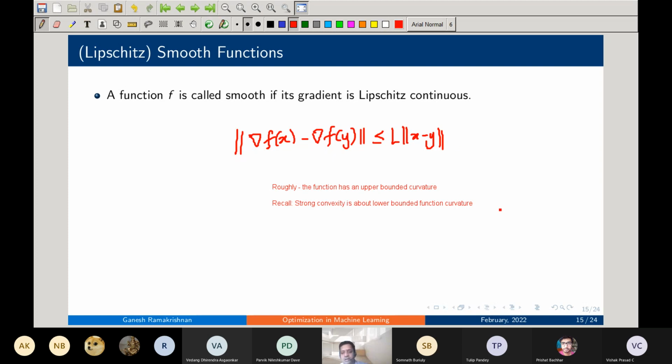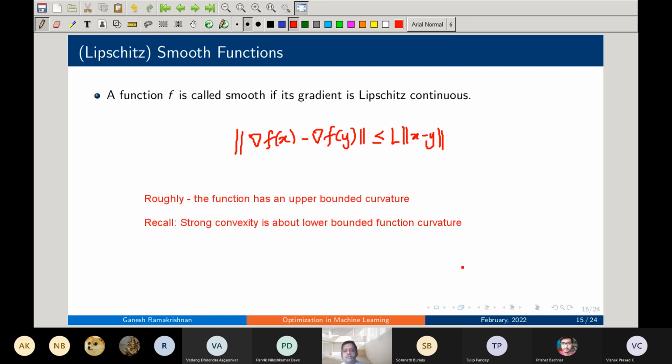So in the case of strong convexity, we would have said the function's Hessian at all points is greater than or equal to some lambda. What I should actually be talking about is curvature, so I'll look at V transpose Hessian V. This is the lower bounded curvature.